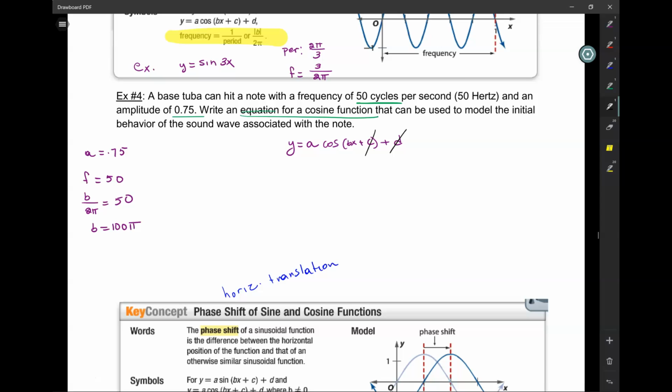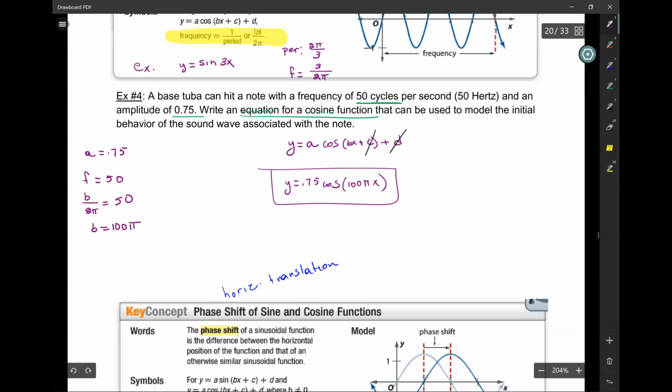You need a little more knowledge of the physics of it to do c, and that's not within the scope of this class. So this is what we're left with: y is a, which is 0.75, cosine b, which is 100 pi, times x. And that's all you need.